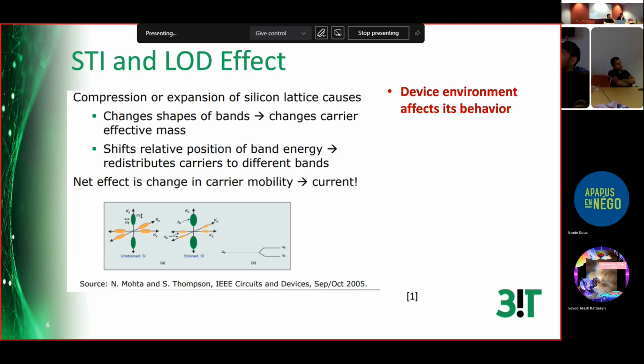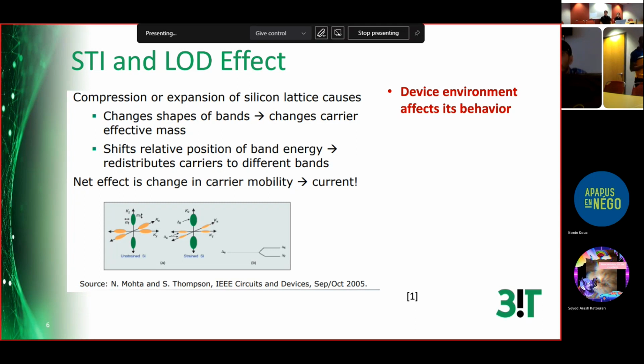If you have your device at the center, far from the edge, it sees different constraints than one that is near the edge. Because of that, the mobility is different, and then the electrical performance is different also.